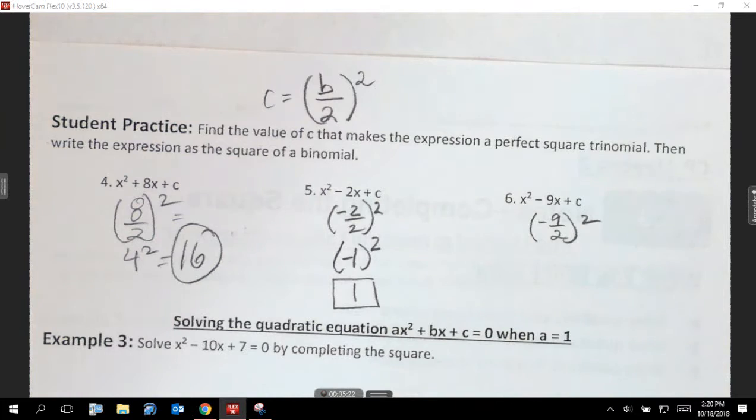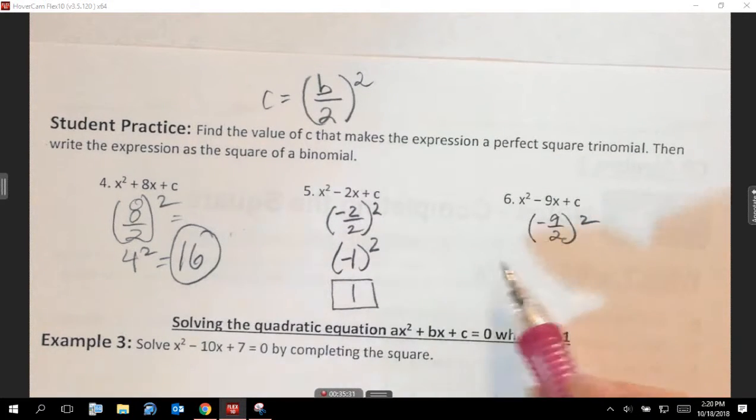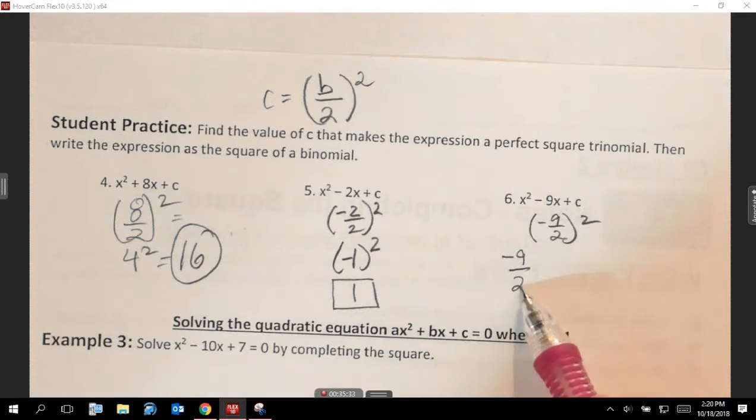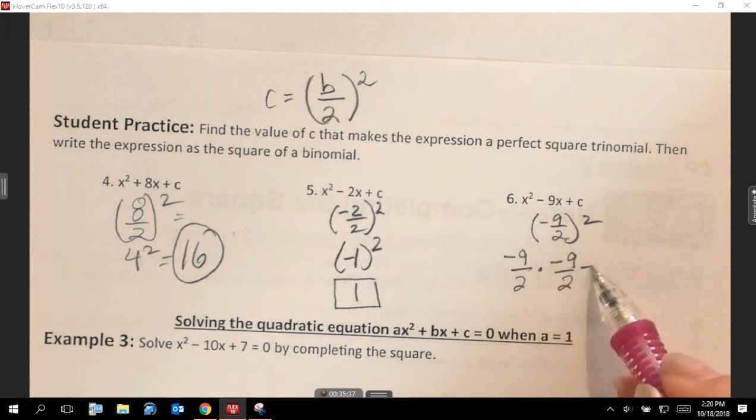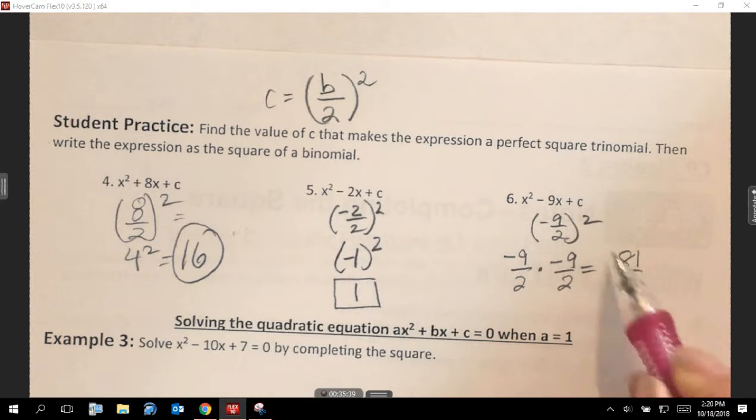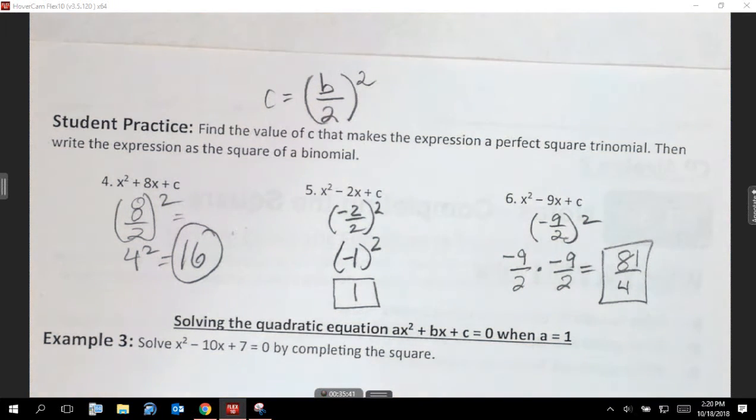Oh no. Negative 9 does not divide by 2 evenly. Do not make it a decimal. How do you square a fraction? Yep, multiply top times top, bottom times bottom, you get 81 fourths. Or you just get the decimal and calculate it. I guarantee I did that faster than it took you to type it in the calculator. Plus I understood the math.